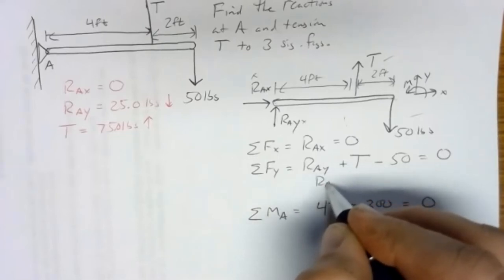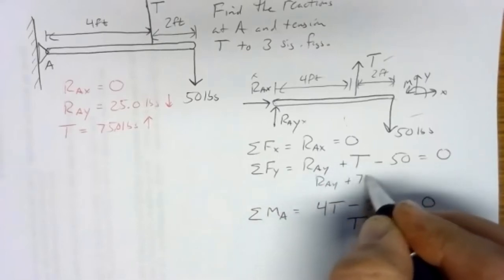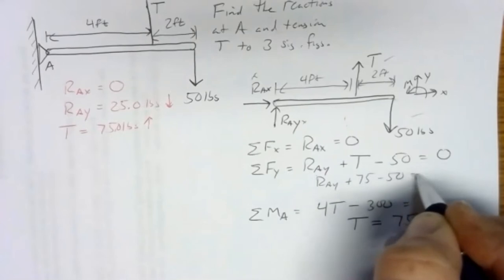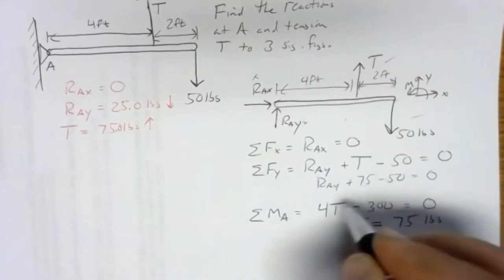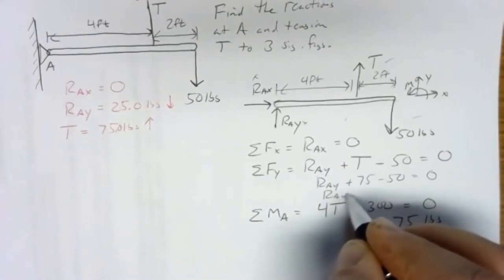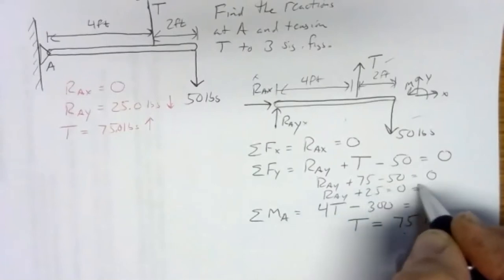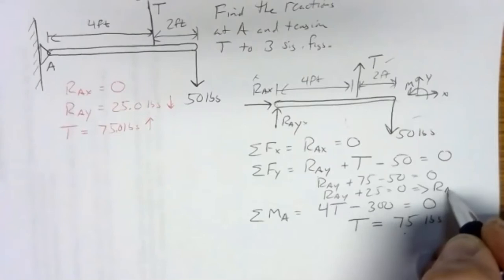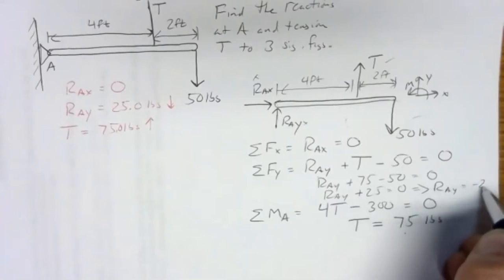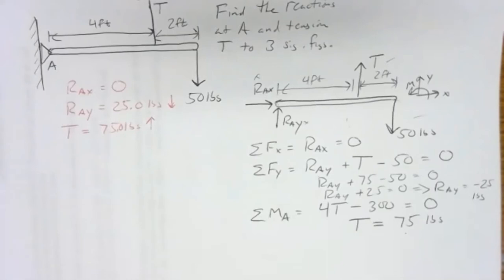We get RAY plus 75 minus 50 equals 0. That'll give us RAY plus 25 equals 0, which means RAY must be negative 25 pounds. So RAY is negative 25 pounds.